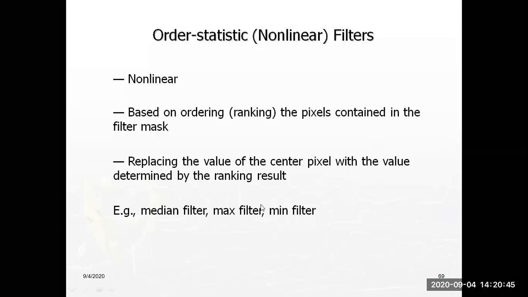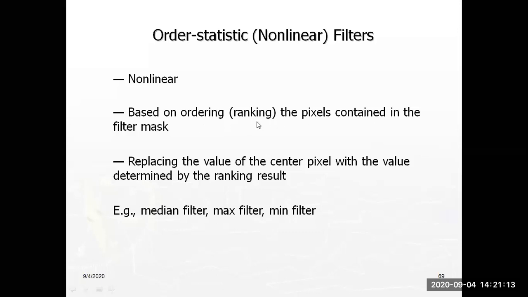Similarly, in the max filter, the name itself indicates that the maximum value over a mask is assigned to the pixel value of the image. Similarly, in the minimum filter, the minimum value is assigned to the pixel value. Like this, there are three types of non-linear filtering masks, and we form these non-linear filters based on ranking.